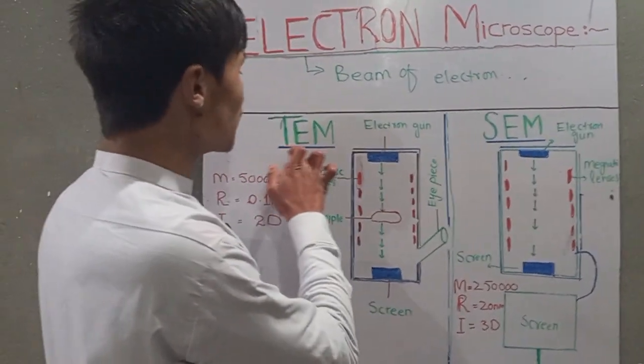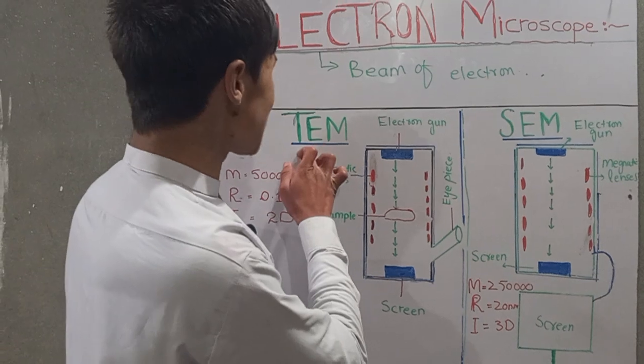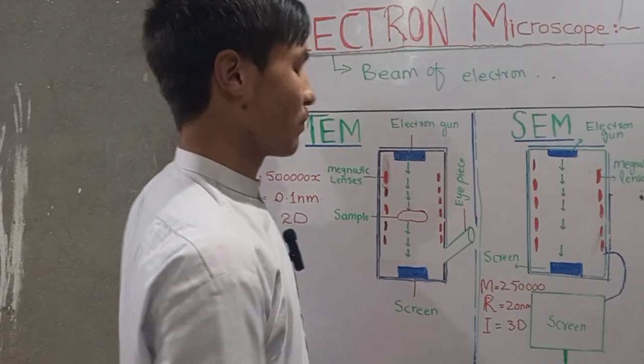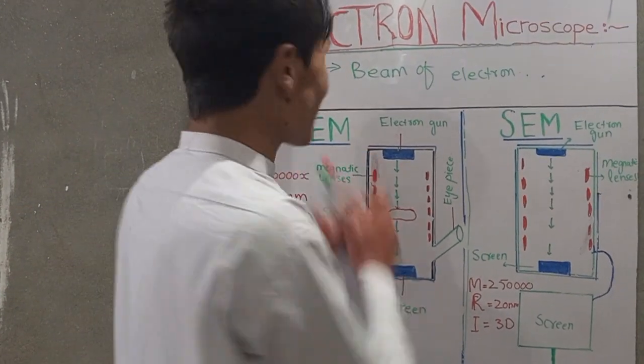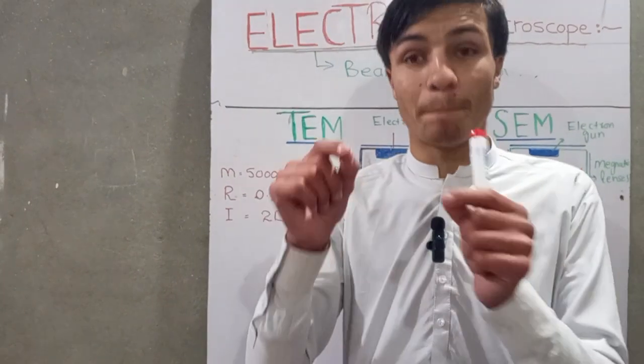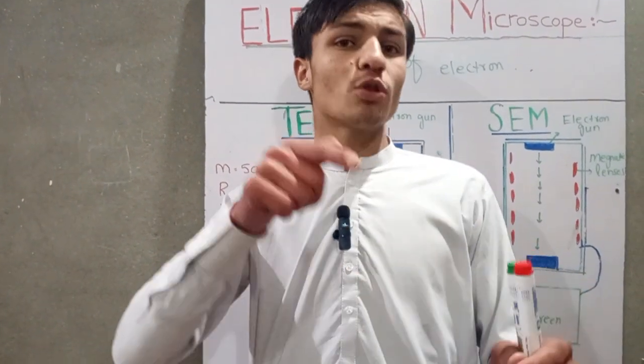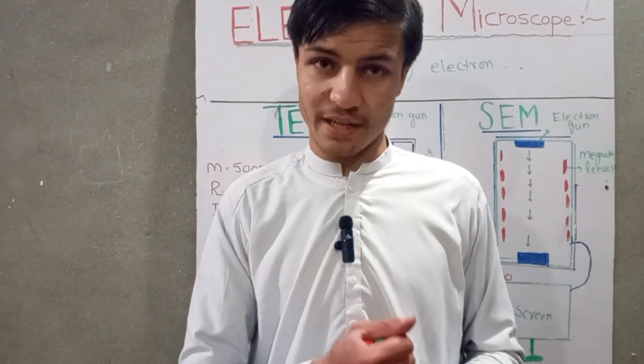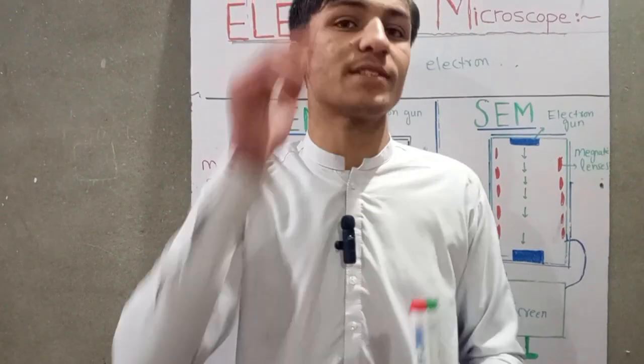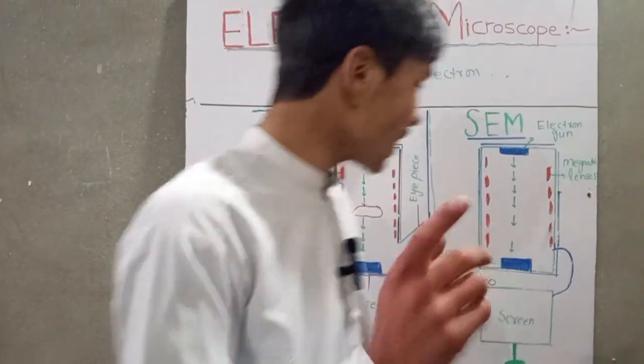Number one is TEM. TEM means transmission electron microscope. It uses a beam of electrons and shows the internal structure of the organism.